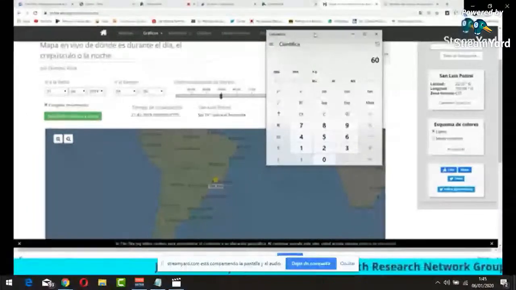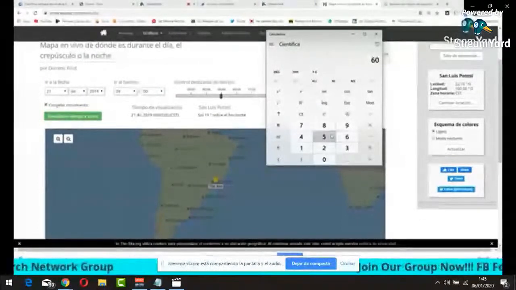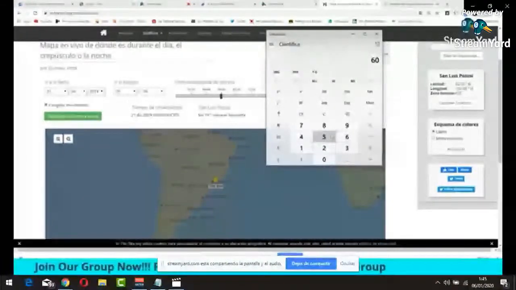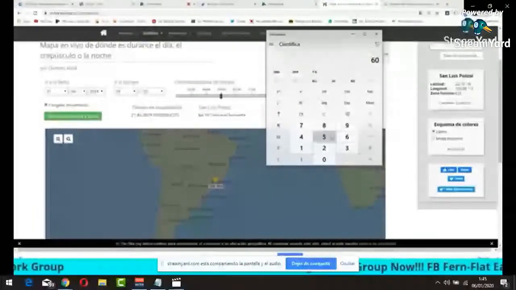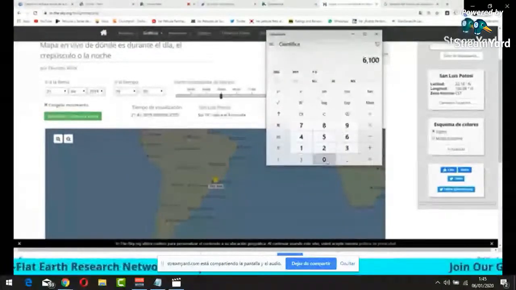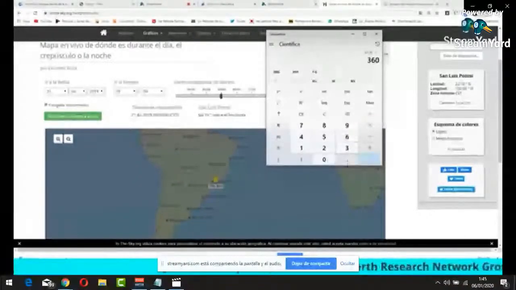So what is the size of Capricorn using this data? Exactly. 60 is to 360 as 6,100 is to x. So it is 6,100 times 360, divided by 60.